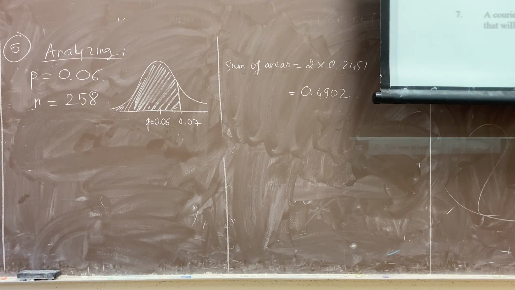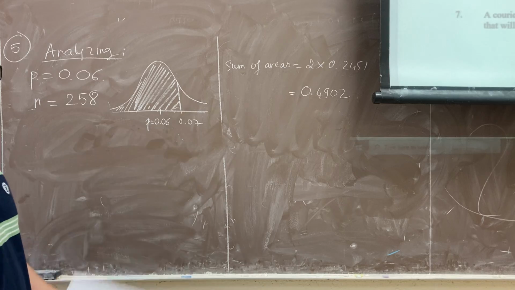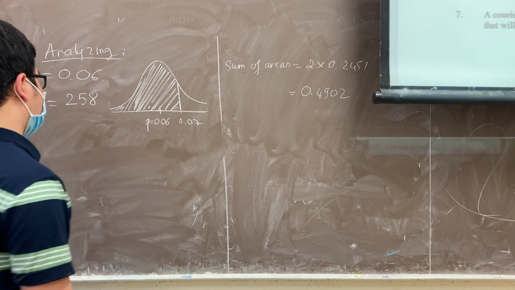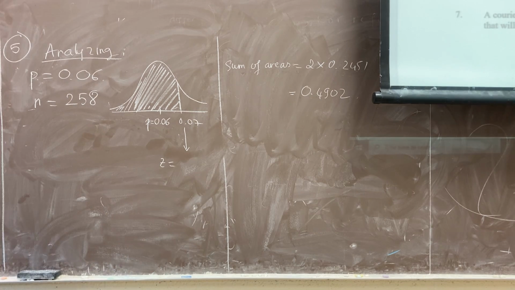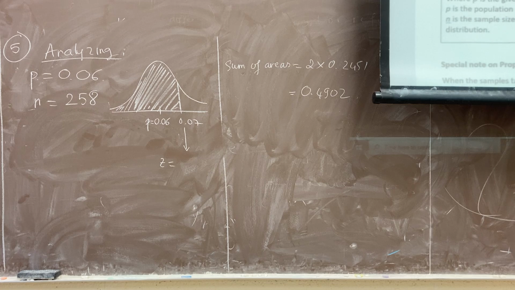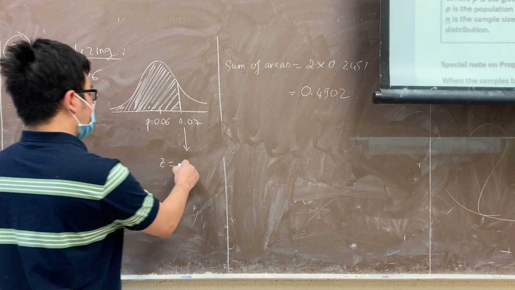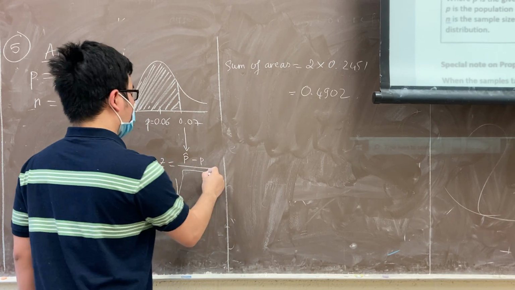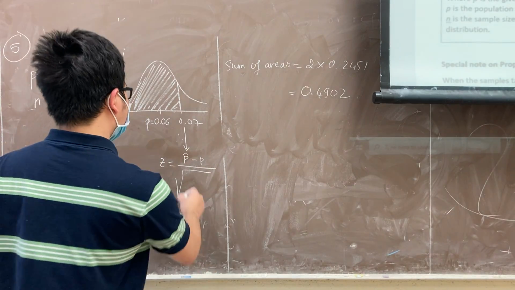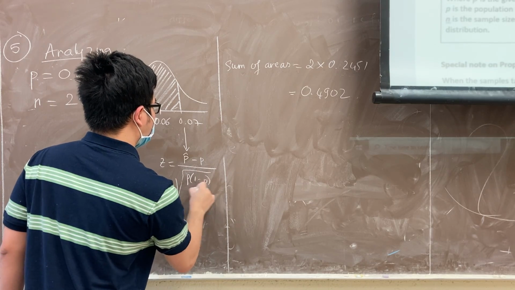First thing, we need to change all the proportions here to a z value. So how to do this? You look at this table to find the standard score for sample proportion. The z here is equal to p hat minus p over the square root of p times 1 minus p over n.